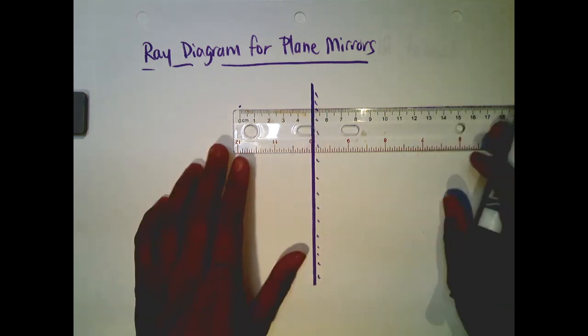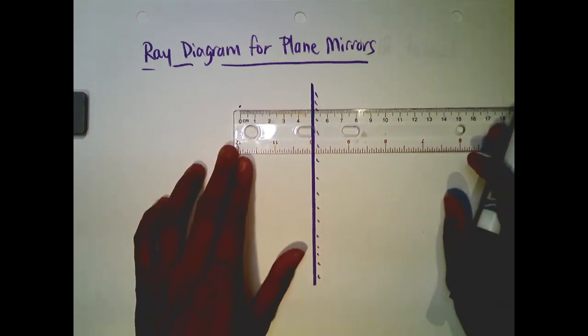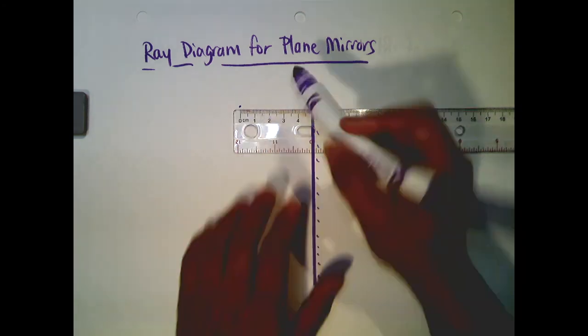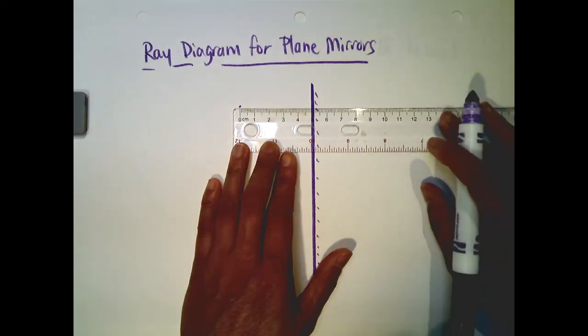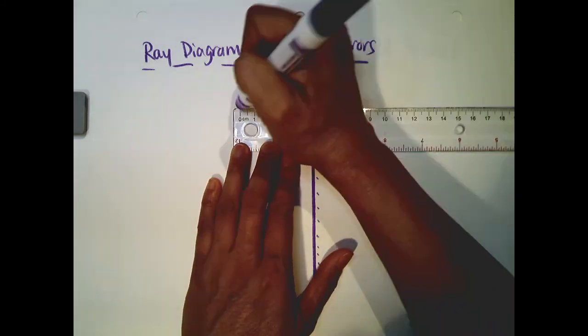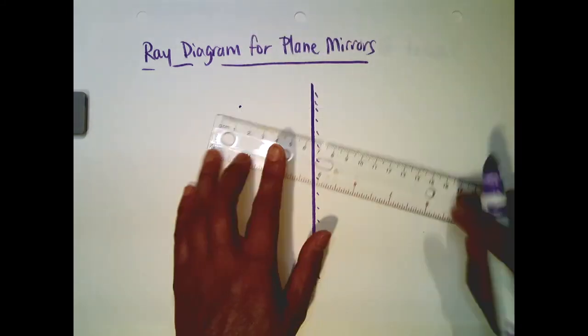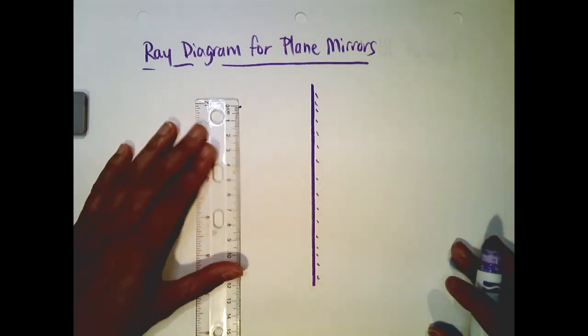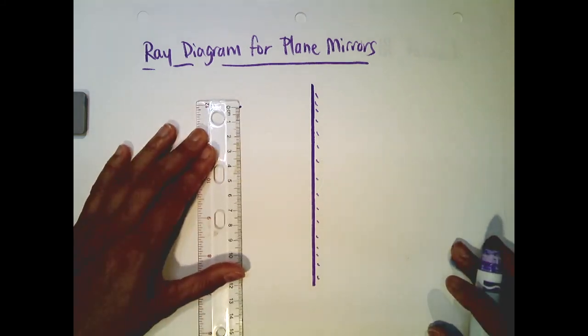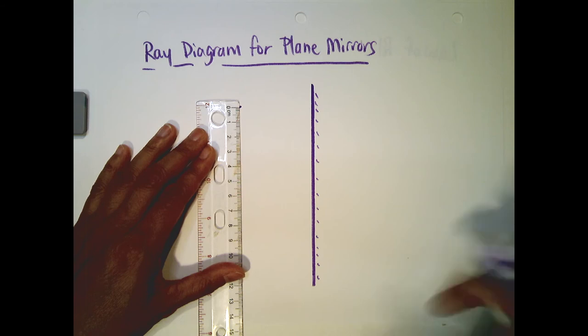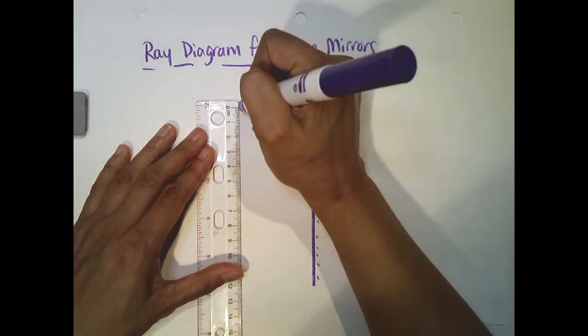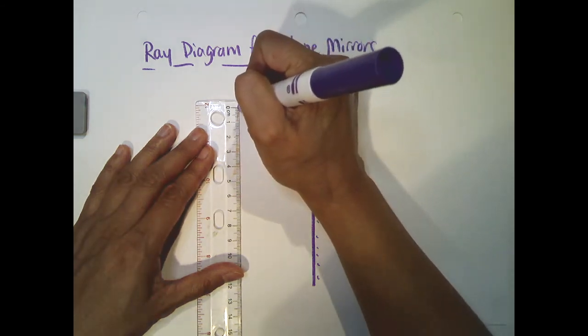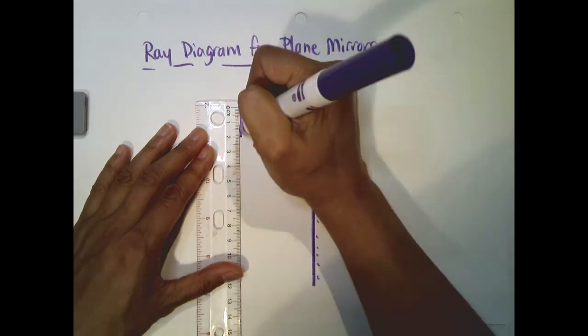So 5 centimeters away from the line, and so I put my dot there to indicate that. Okay, and let's make that letter F 2 centimeters tall. So 2 centimeters tall, like so.